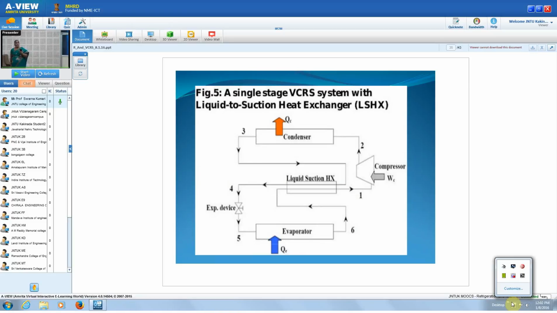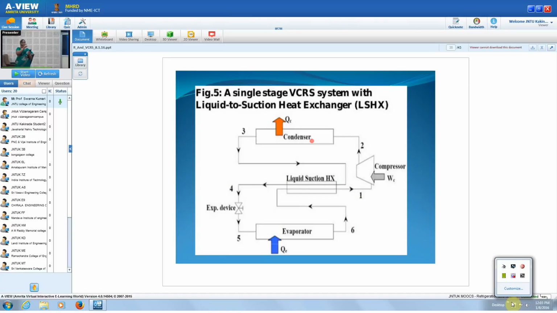The liquid suction heat exchanger is installed between the condenser and the expansion valve. In this way we can include subcooling and also superheating of the refrigerant.